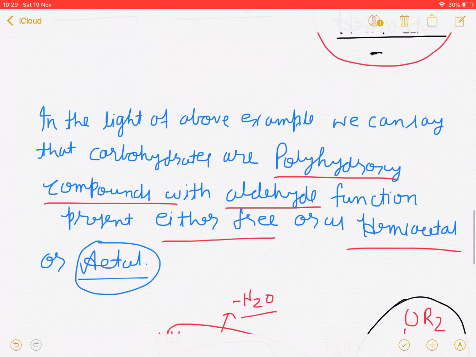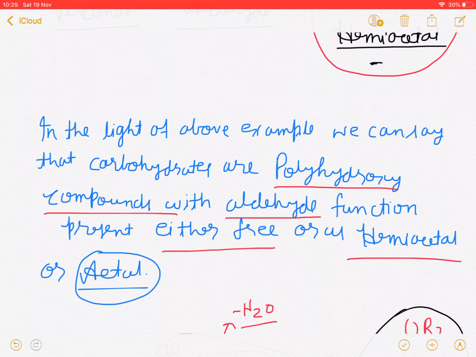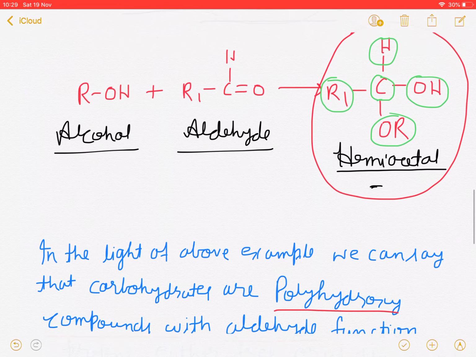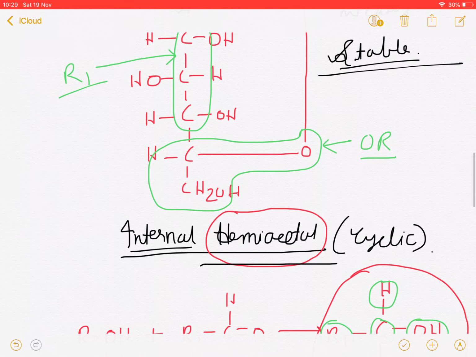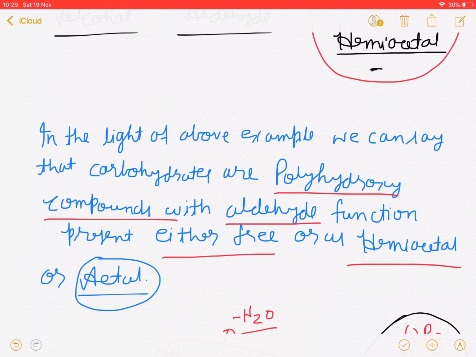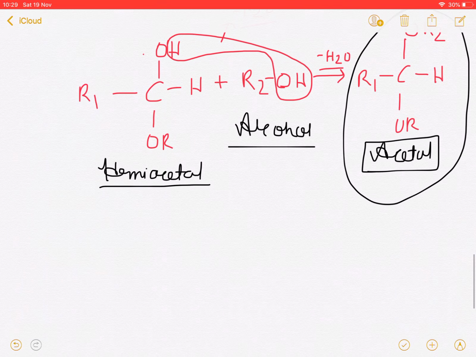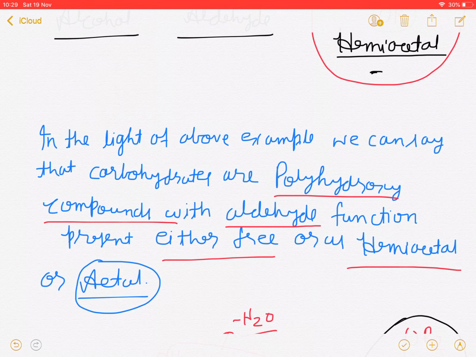That's why I have written over here, either free or as hemiacetal or acetal. Hemiacetal inside of simple sugars like monosaccharides such as glucose; acetal in some higher classes of carbohydrate. So you can definitely say polyhydroxy compound with aldehyde function present, either free or as hemiacetal or acetal.